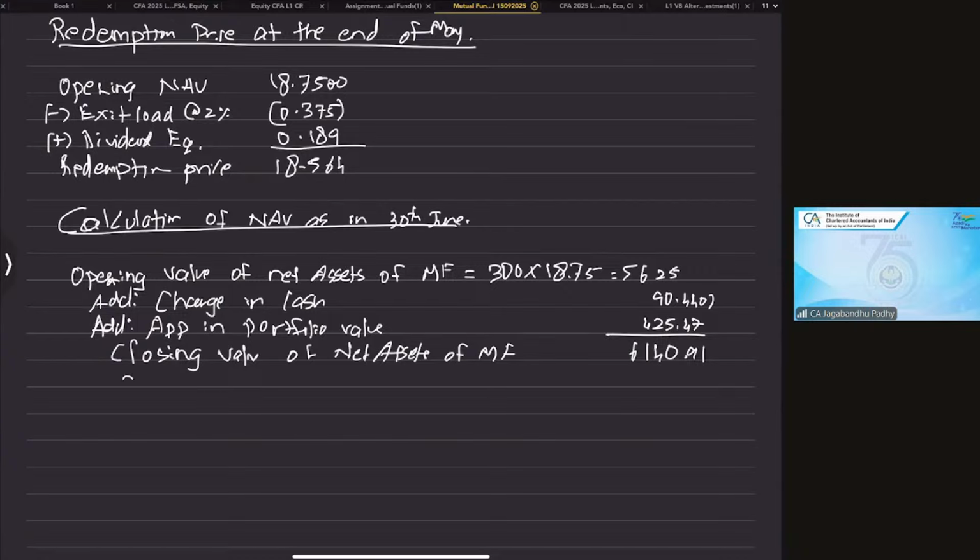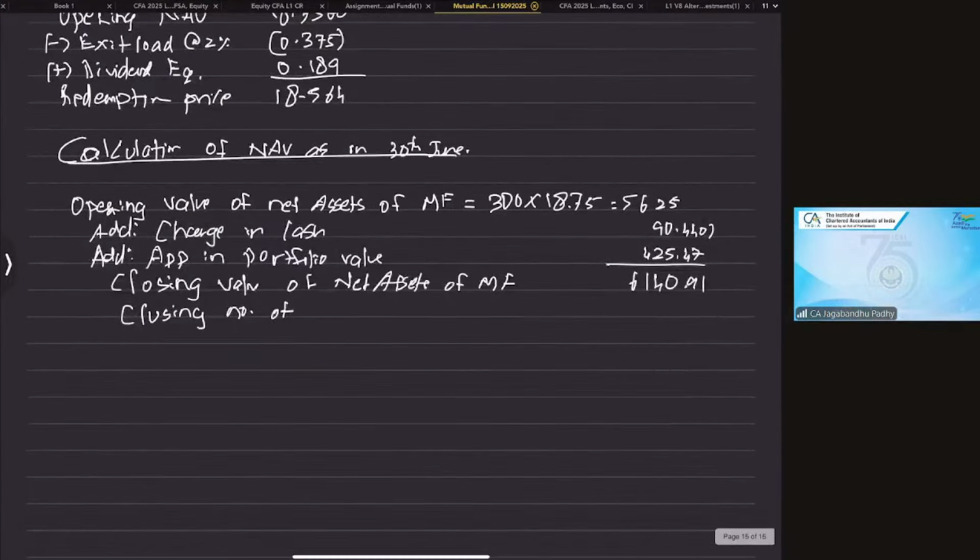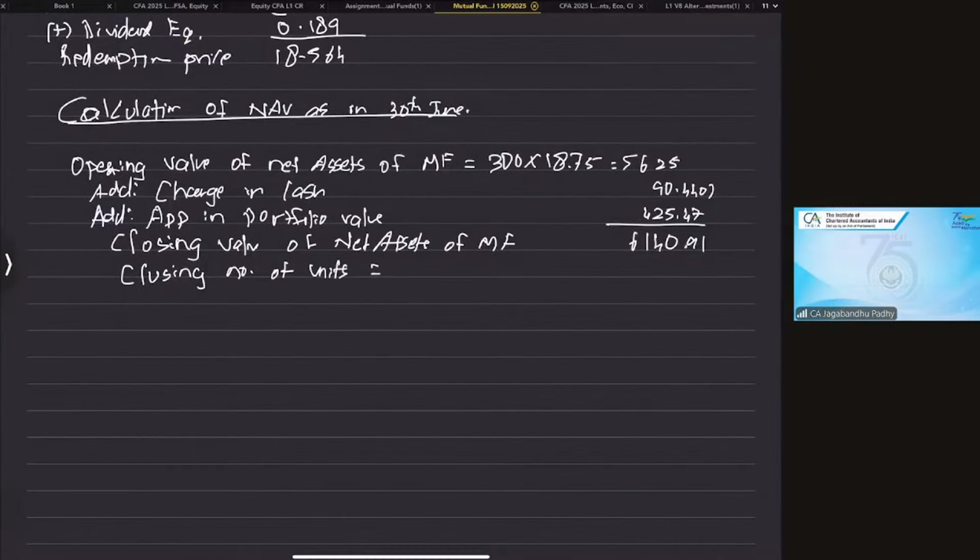What is the closing number of units of mutual fund? Originally, we had 300 units, and we issued 6 lakhs, and then we minus 3 lakh. So we are having 303 units.